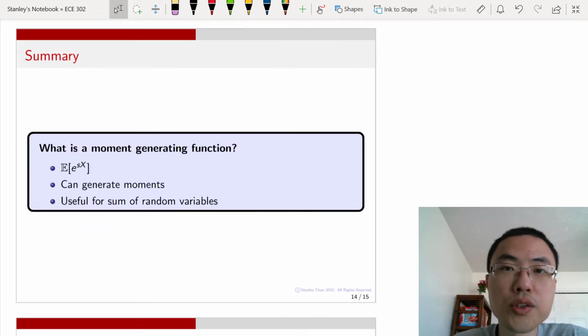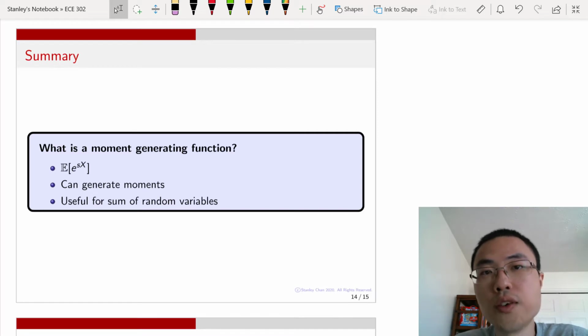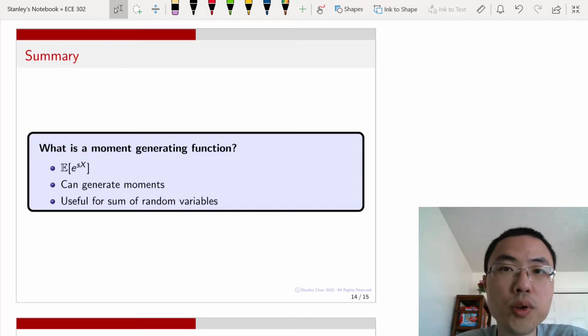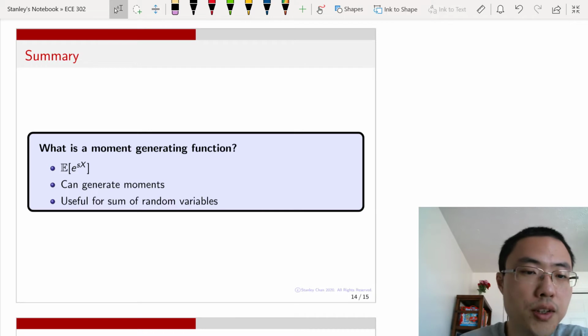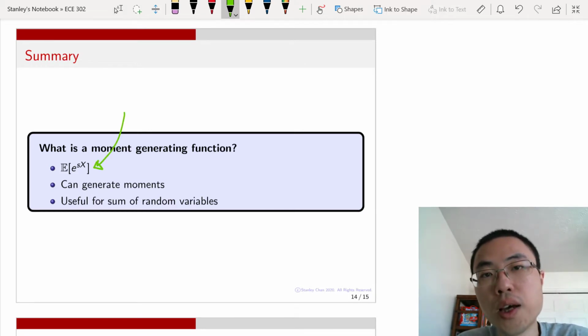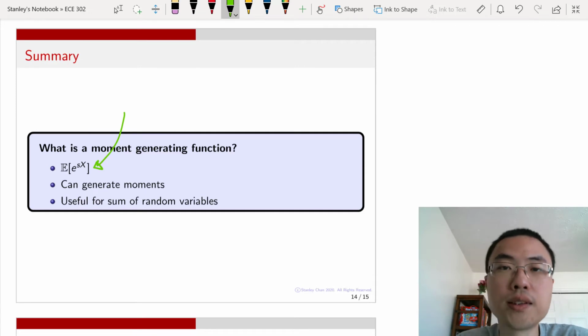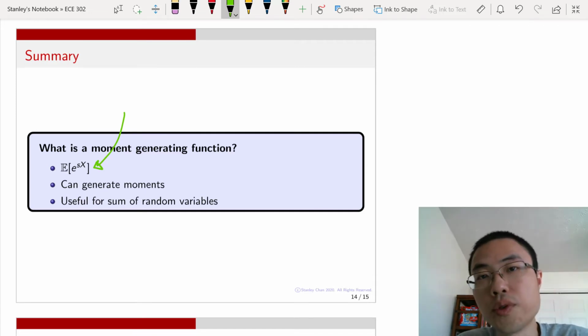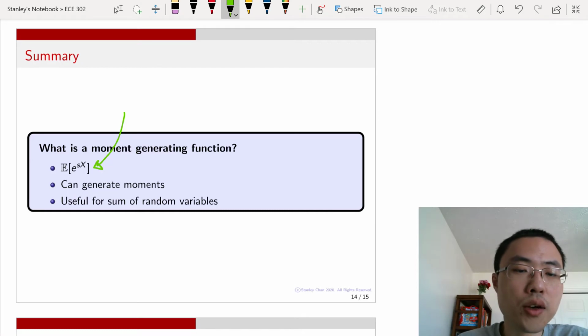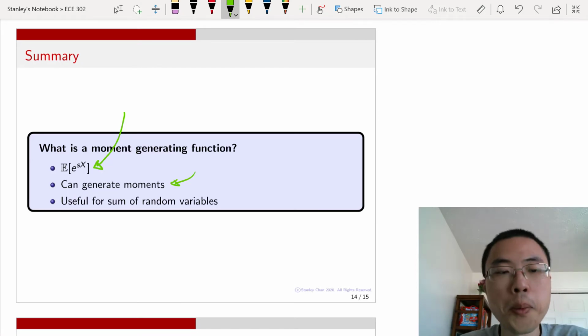So to summarize this lecture, we introduced a very useful tool called the moment generating function. It is defined as the expectation of e to the power sX, where X is your random variable. For discrete random variables, you can take the summation, and for continuous random variables, you can take the integration. These are called the moment generating functions because they can generate moments.